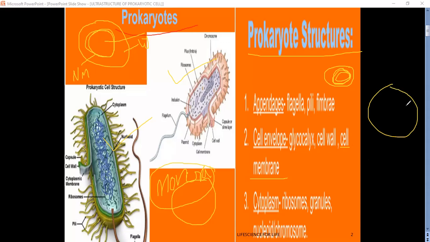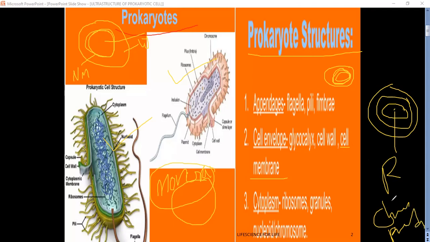So this is the capsule, this is the cell wall, and this is the cell membrane. This is the cytoplasm, and this cytoplasm contains ribosomes, chromosome, and plasmids. All these are present in the cytoplasm.